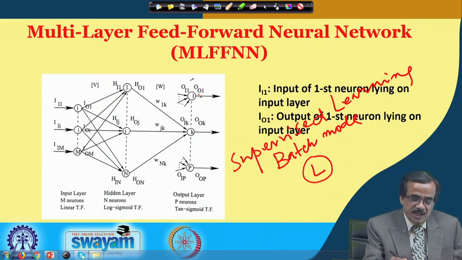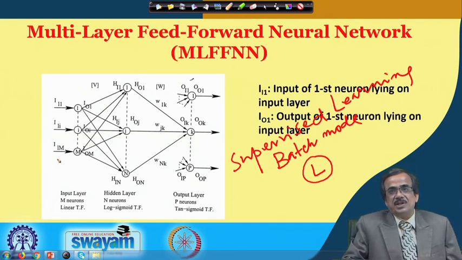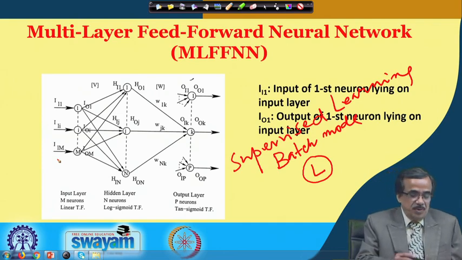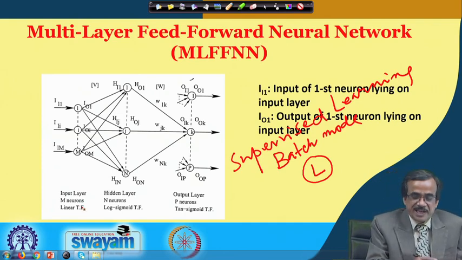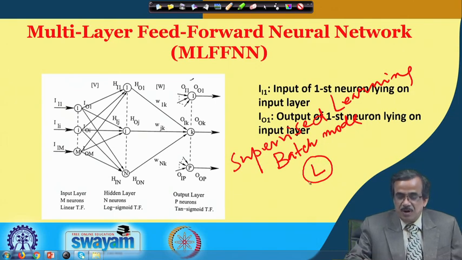Once you have got the error at each of these output neurons, I can find out the combined error, and that corresponds to a particular training scenario. Then we take the help of the second training scenario, and I will get another total error. Then the third one, the fourth, and I go up to the Lth training scenario.